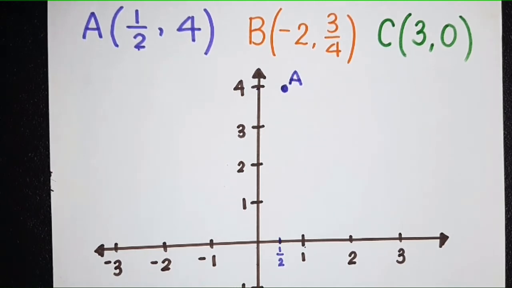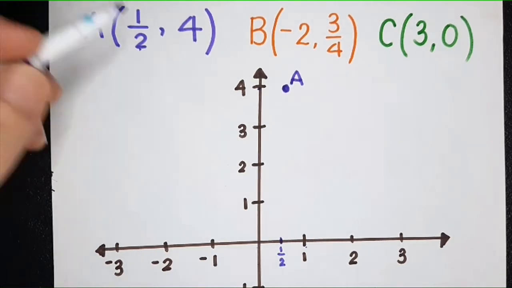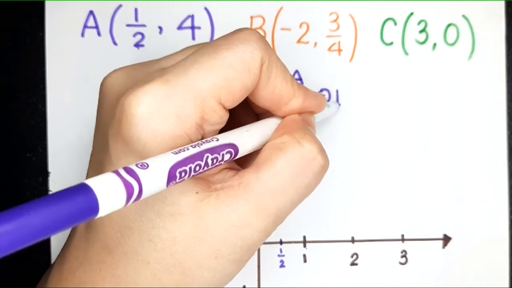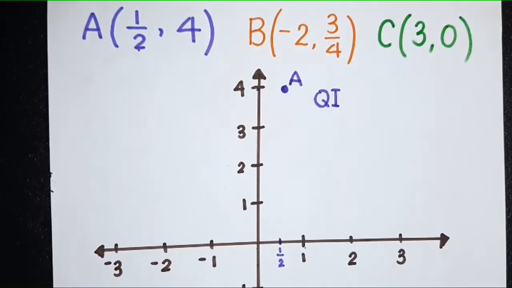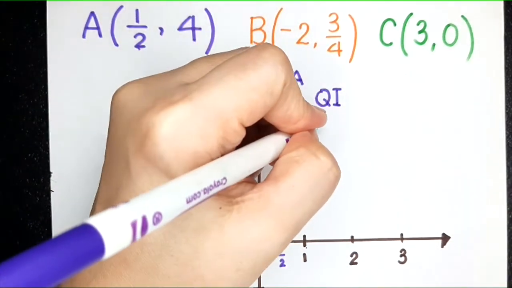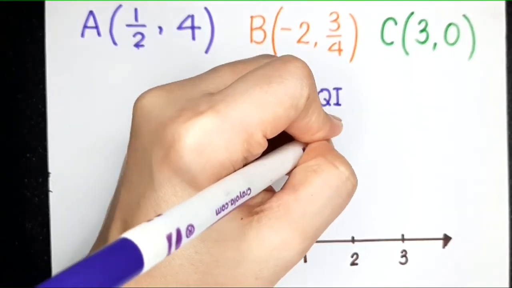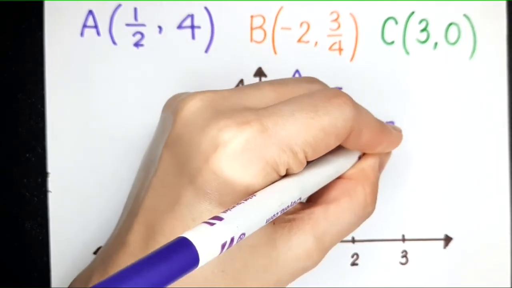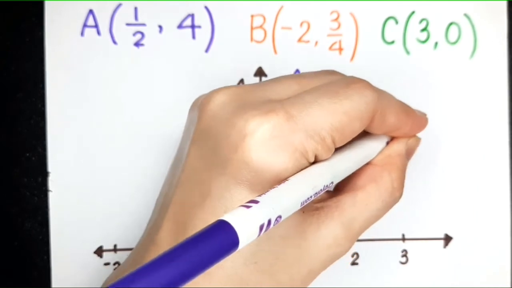Sige nga, determine the location of point A. What is the location? Quadrant 1. Okay? Or you may want to write this completely, like in this way. Quadrant 1.